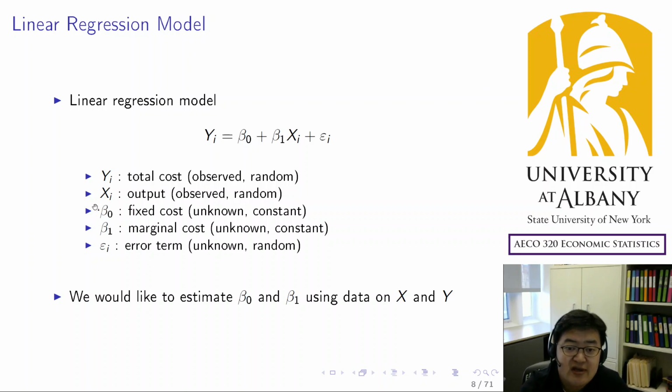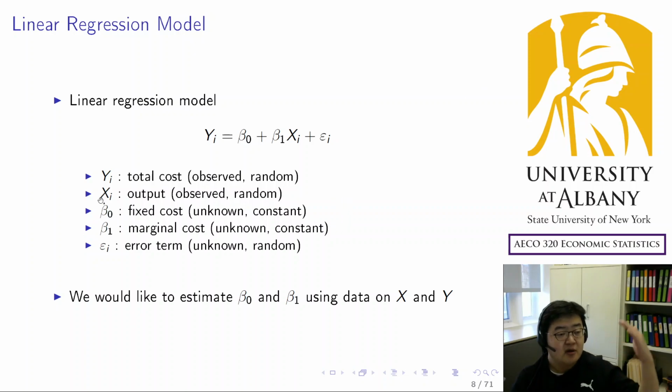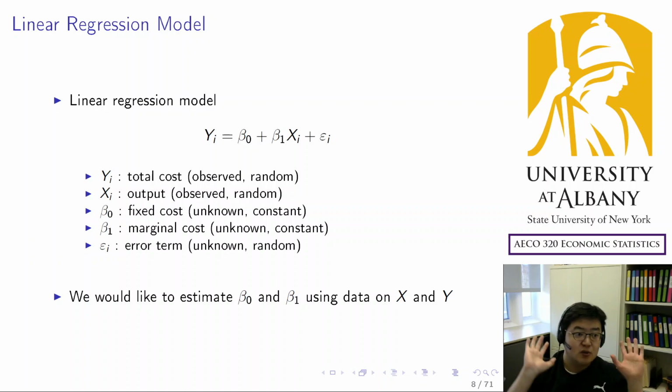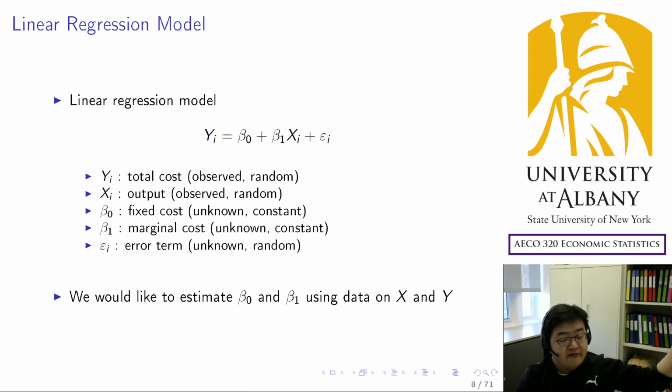However, the fixed cost and the marginal cost must be constant. If the fixed cost changes every month, then there is no point of estimating the fixed cost from the past, because next year the fixed cost will be different. So there is no point of analysis. When we do this analysis, of course, we assume that the fixed cost last year would be the same next year, and the marginal cost must be the same next year. Otherwise, we don't need to estimate that.